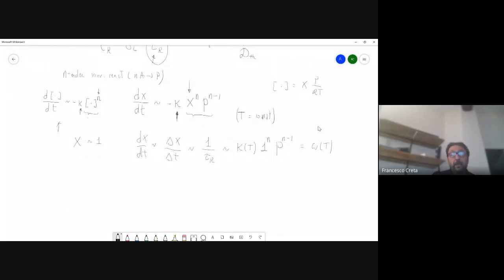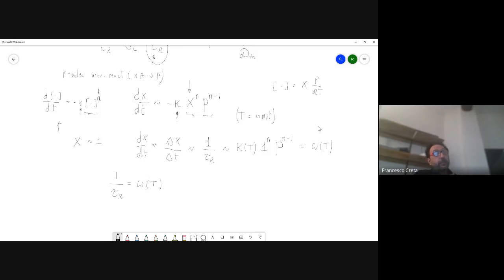As you can see, the reciprocal of this reactive time scale is basically the expression for the reaction rate, okay? But now the question arises: at what temperature should we calculate this characteristic reactive time?